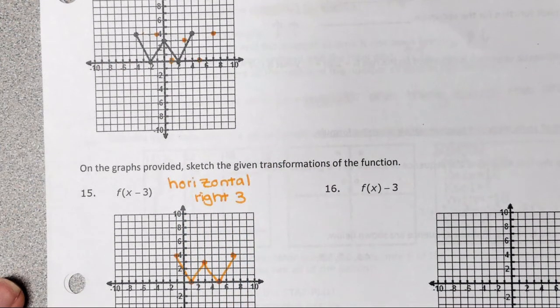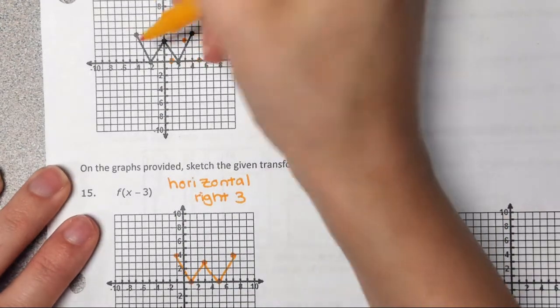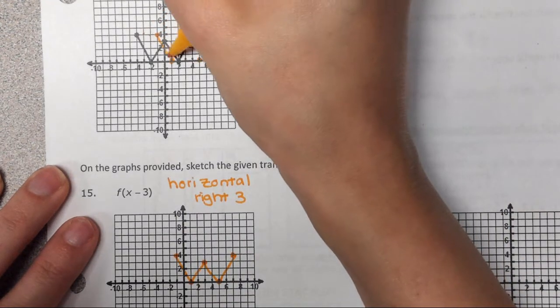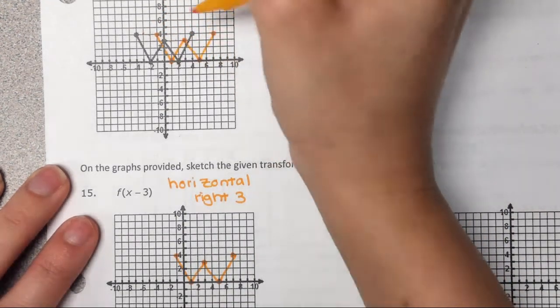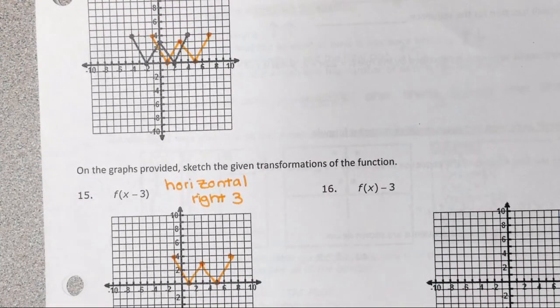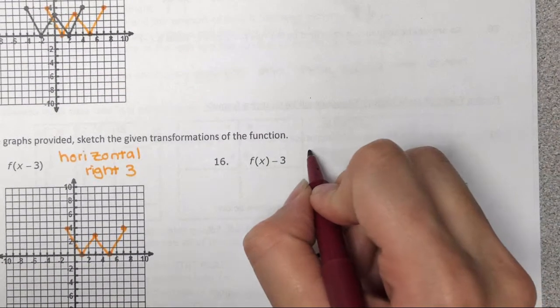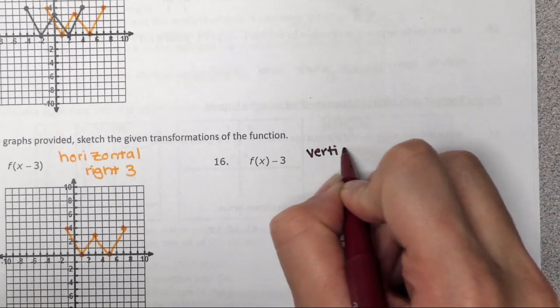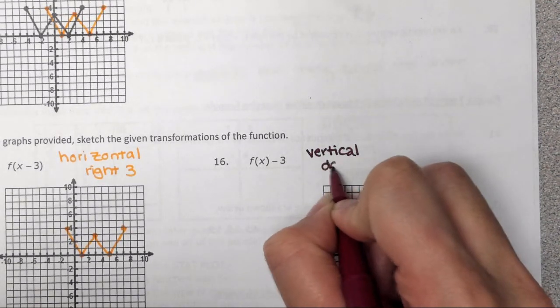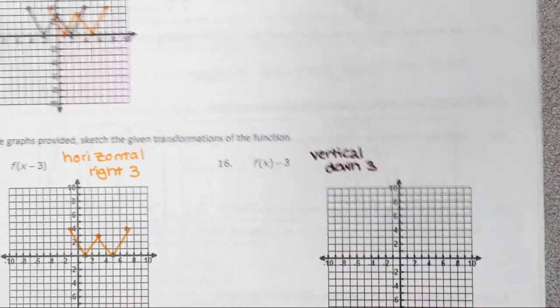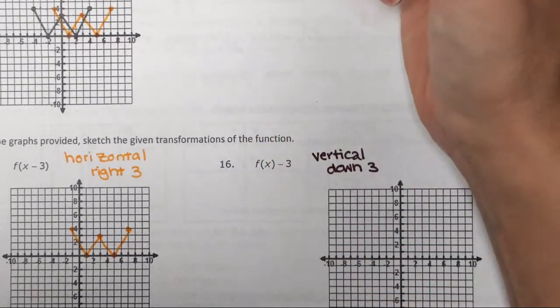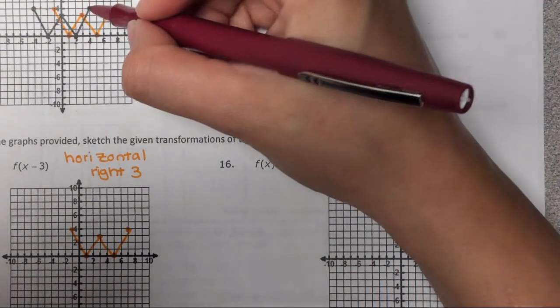I took each dot and I counted over, right 3. For this next one, number 16, it's on the outside, so it's vertical. So I'm going down 3. So I'm going to take each original dot and I'm going to count down 3.